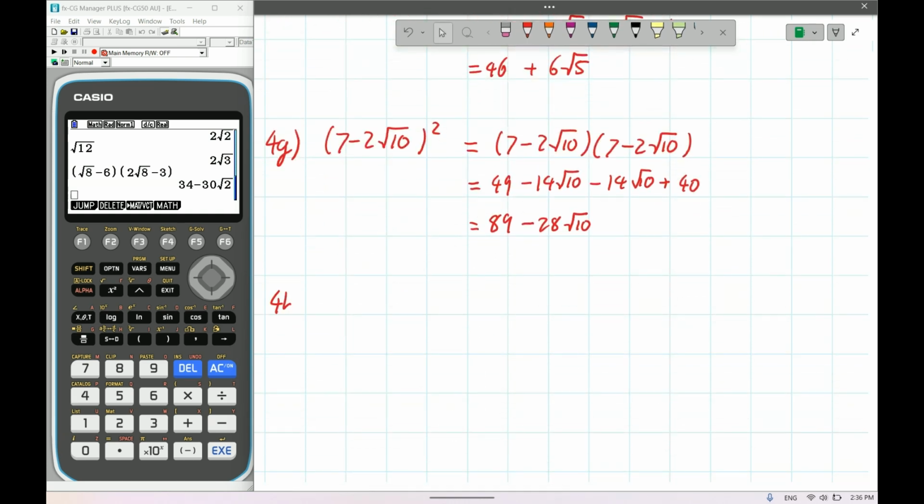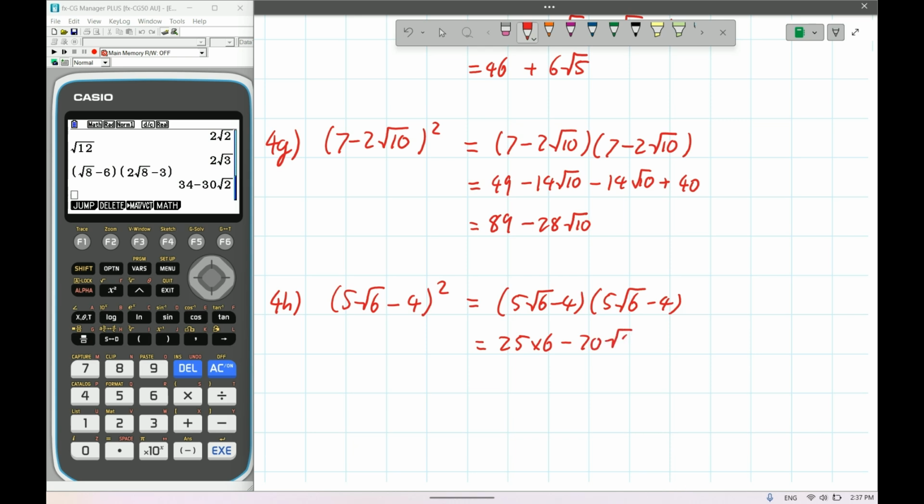4h, 5 root 6 take 4 squared equals 5 root 6 take 4, 5 root 6 take 4. And we're just going to expand some brackets now. So this will become 25 times 6, minus 20 root 6, minus 20 root 6, plus 16.